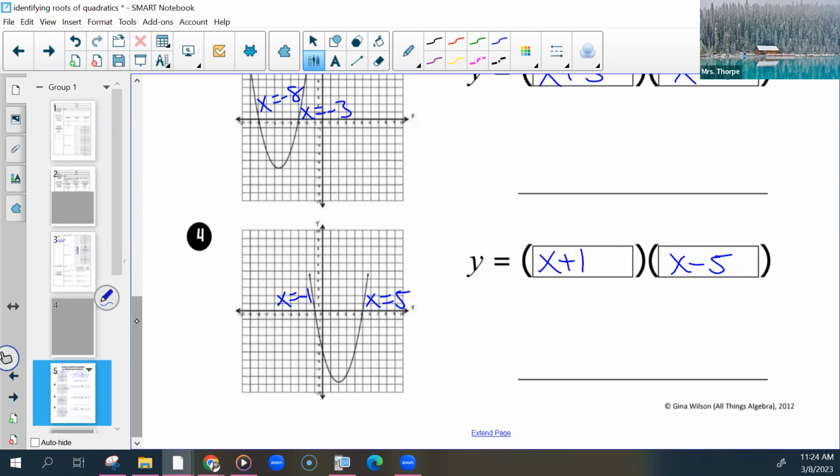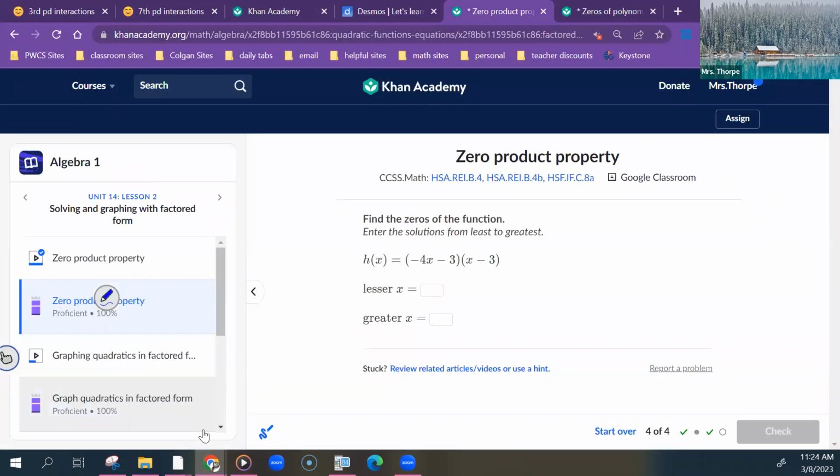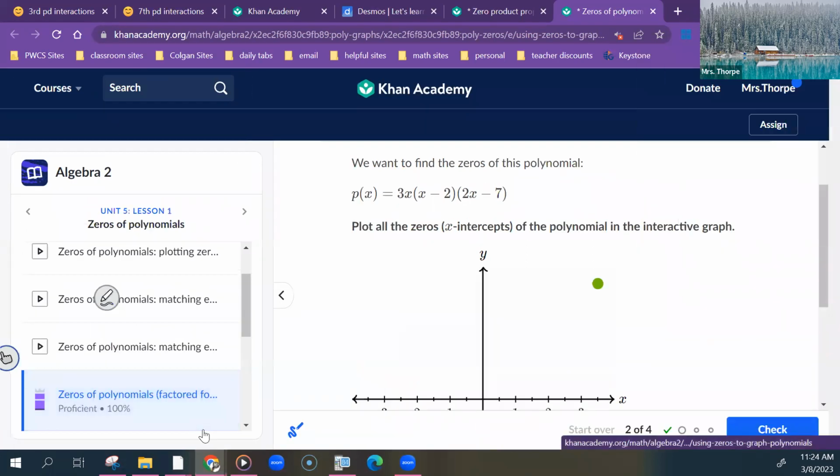So I'm going to show you a couple examples of what you're going to see on your Khan Academy that is like this, but also somewhat different. So find some blank space on your notes somewhere or grab some more paper so you can write this down so that you have it for later when you try it. We'll do this one first. For each set of things inside the parentheses, we're going to set them equal to 0 and solve. So you would have 3 sets of things set equal to 0.